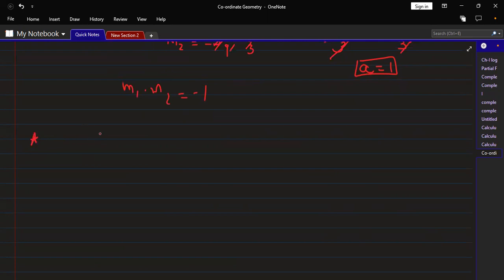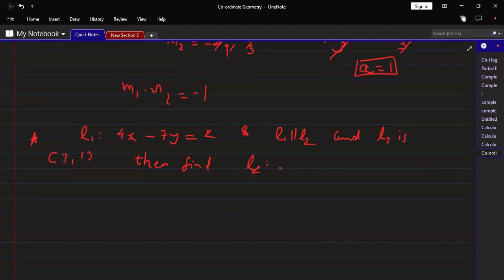If L1 is given, which is like 4x minus 7y equals to 2, and L1 is parallel to L2, and L2 is passing through the point 3, 1, then find L2.